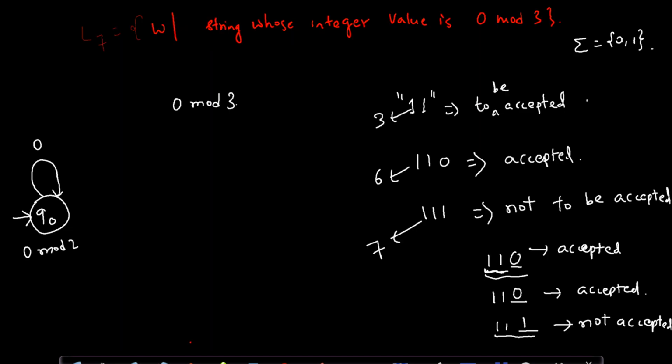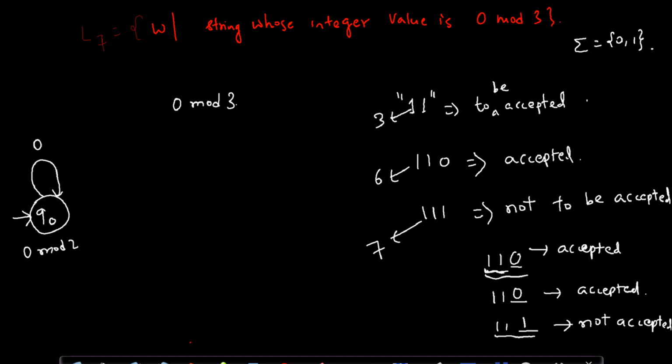So what is going to be the DFA? How will you construct the DFA for it? When you are at Q0, the remainder is 0. Q0 represents the set of all the binary strings for which the integer value will give remainder 0 when divided by 3.